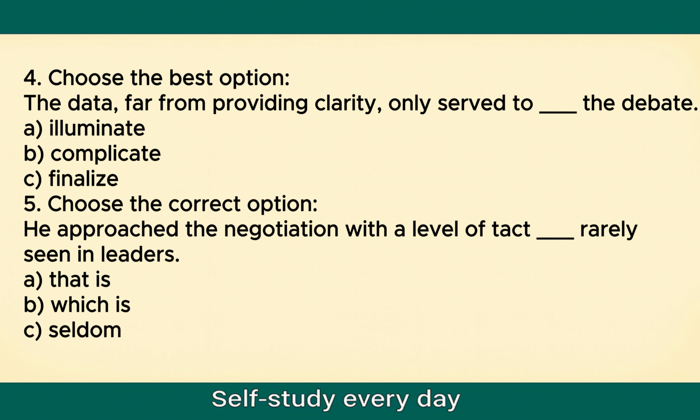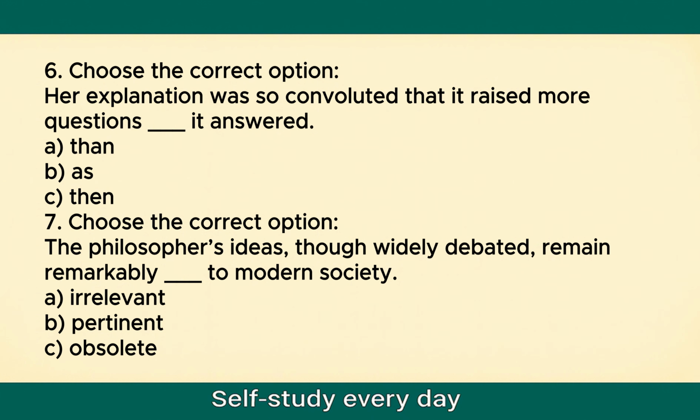A. That is. B. Which is. C. Seldom. 6. Choose the correct option. Her explanation was so convoluted that it raised more questions than it answered. A. Then. B. As. C. Than.